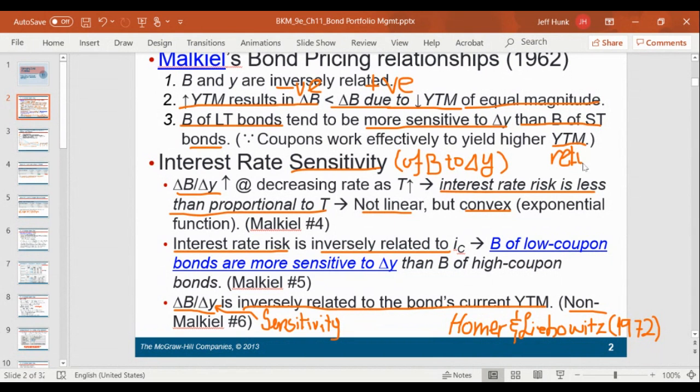Now think about it, just intuitively, right? Long-term bonds, 30-year bonds, have a lot of coupons, right? A lot of coupons.